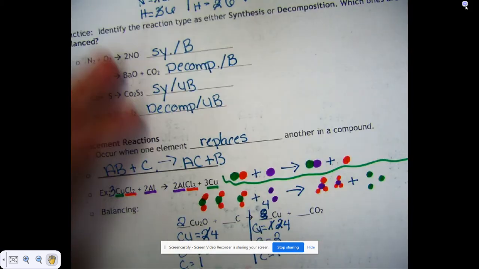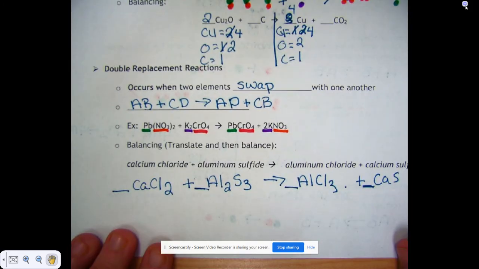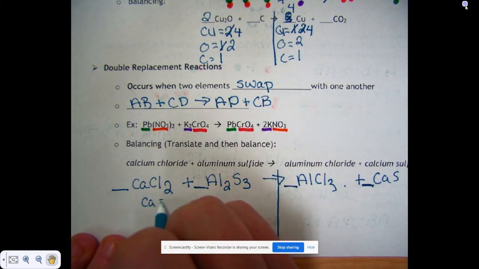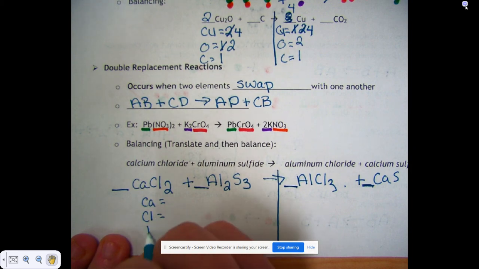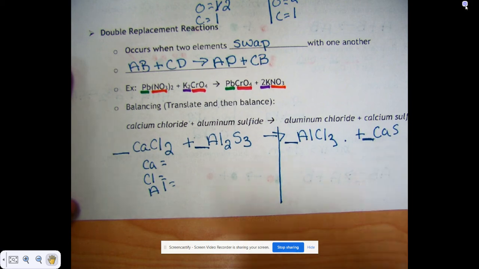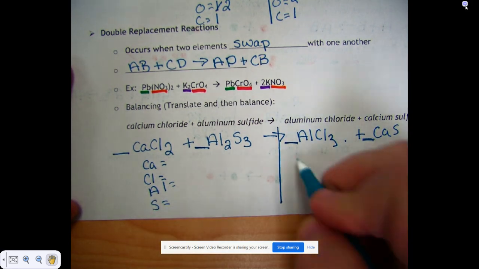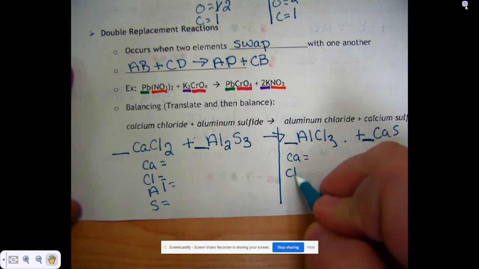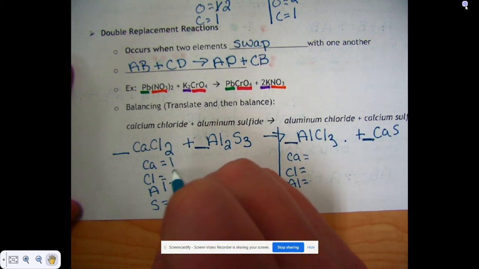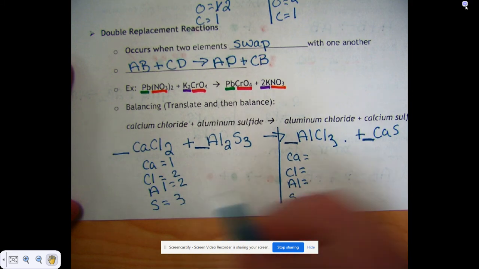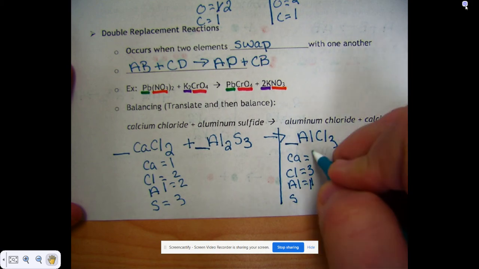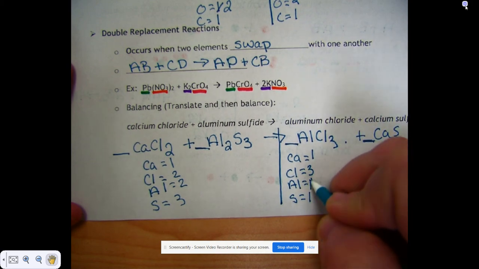Okay, last thing, and then we'll be done. Going to balance this. I'm going to draw a line. I'm going to list all of my molecules, atoms, in the same order: Ca, Cl, Al, S. There's 1 aluminum, 3 chlorines, 1 calcium, 1 sulfur.